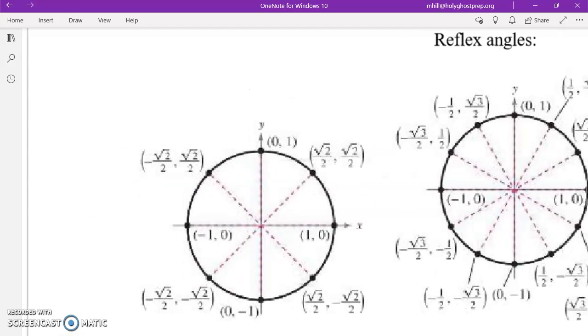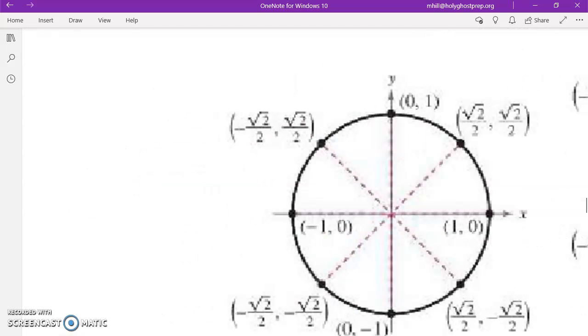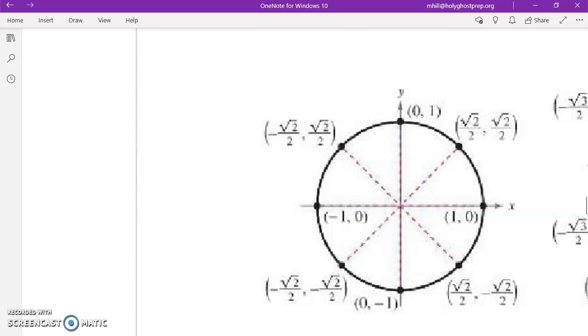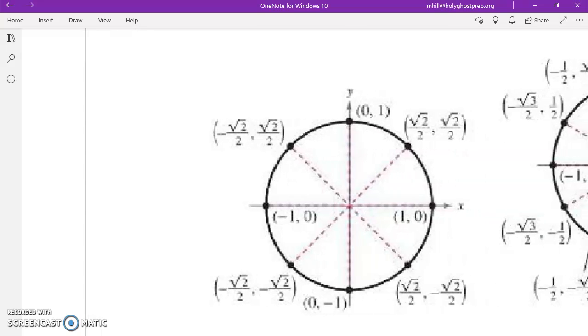So let's just take a look. Let's just focus on the left one so we're not overwhelmed here. All right, so in class the other day, when we were dealing with pi over 4, when I asked to graph 3 pi over 4 and 5 pi over 4, I broke up our unit circle into 8 equal slices. Why 8? Because the entire circle is 2 pi. So pi on the top and pi on the bottom.